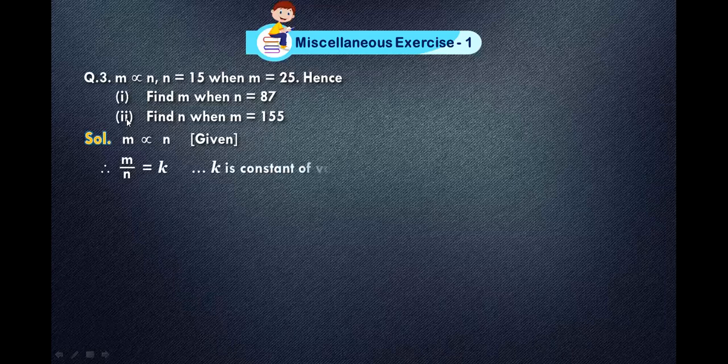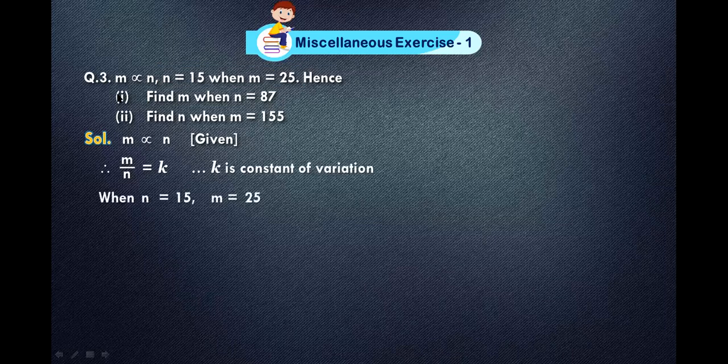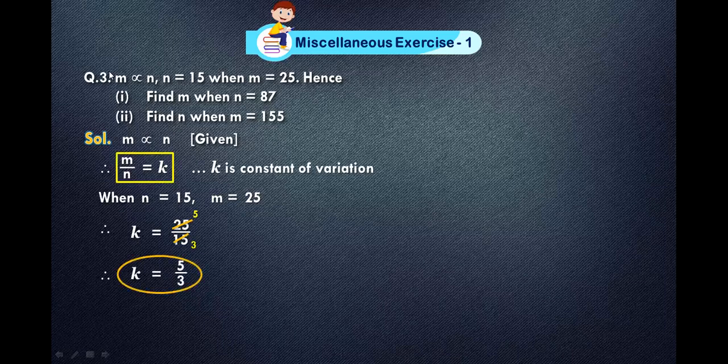First condition, what is the value of n given to you? 15. m is 25. So replace करेंगे m और n को. 25 by 15 will give you k. We can reduce it. 5 3s are 15, 5 5s are 25. So k is 5 by 3.